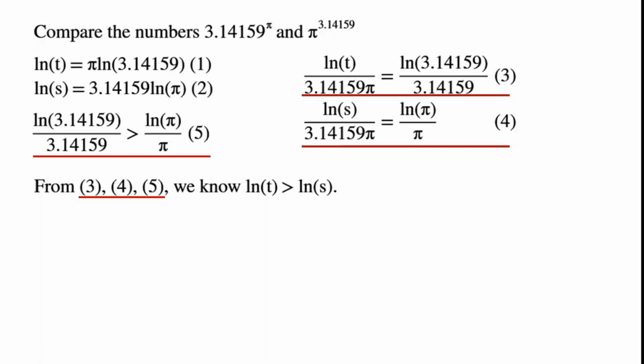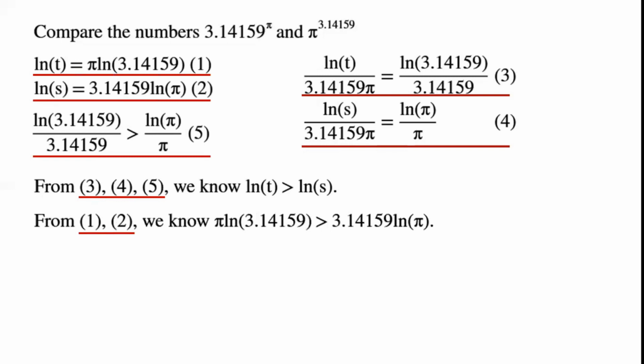So the left-hand side of equation 3 is greater than the left-hand side of equation 4, as they have the same denominator. So we know that ln t is greater than ln s.